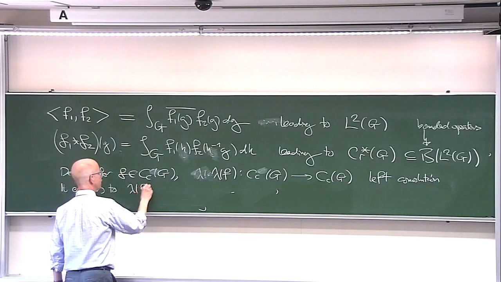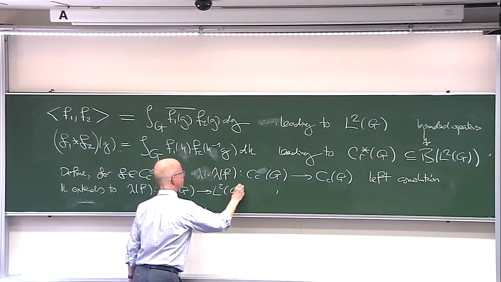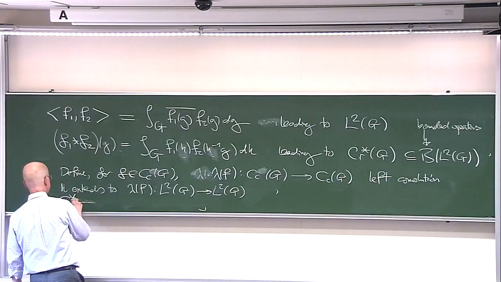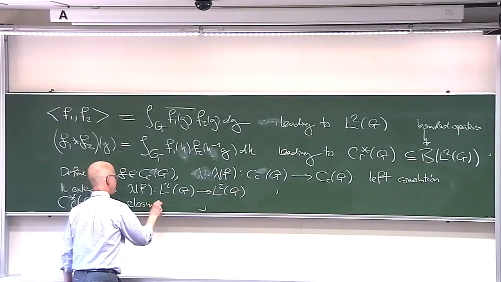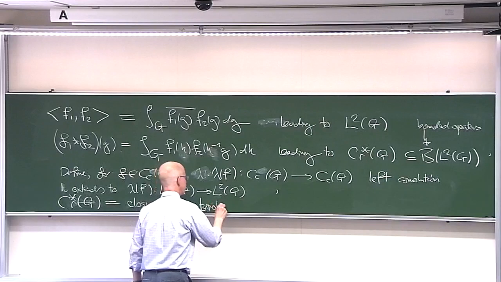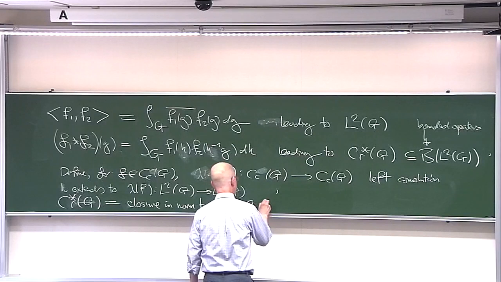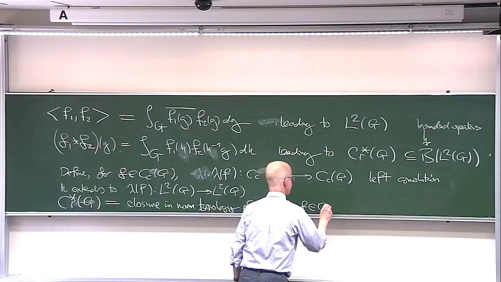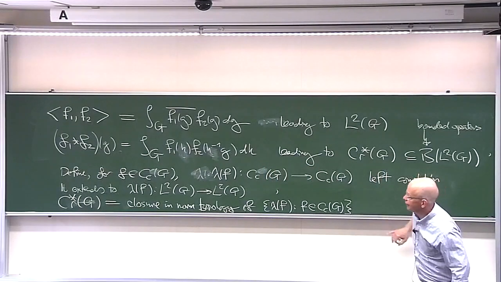It extends continuously to a bounded operator on this completion. And the C-star algebra, the thing I want to study in these lectures, is just the closure in the operator norm topology of the set of all of these. So now you officially know what this thing is.